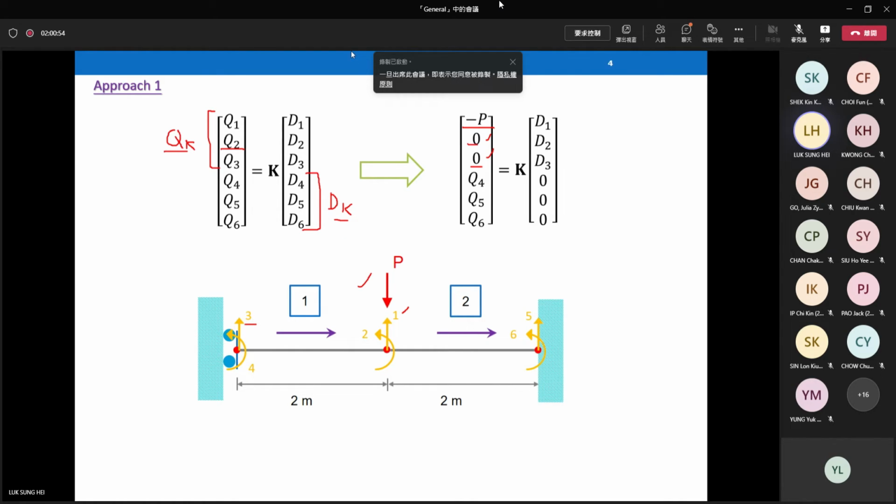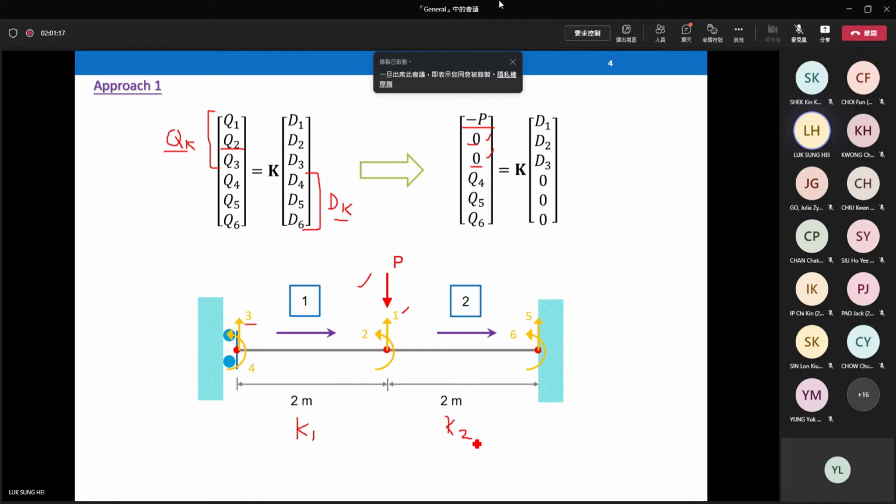Okay, this is what I call step 1. Step 1 involves several inspections. You divide the structure into elements, assign code numbers, and also find out QK and DK. Normally, you have to think about this in step 1. Step 2, find out K1, K2, and then put them together. These are quite systematic, I think.